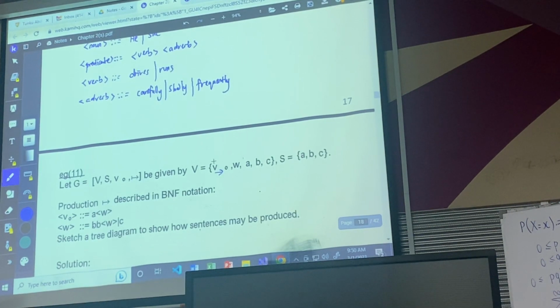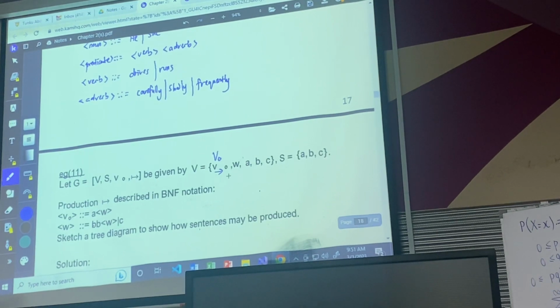This one is V0. So W and V0. What do we call these? What symbol is this? Terminal or non-terminal? Non-terminal, right? Okay, so that is the difference between the set B and set S.